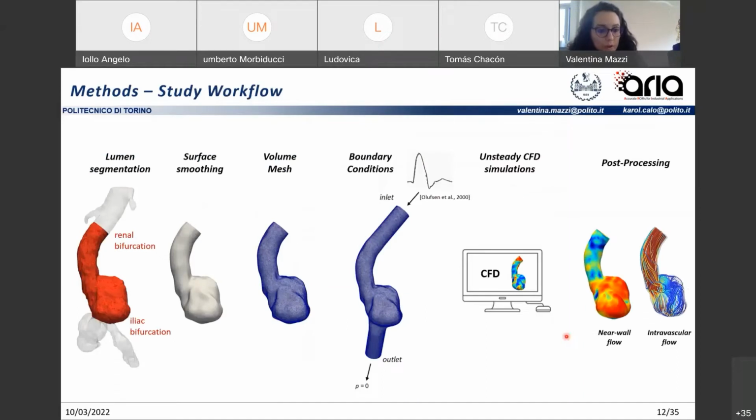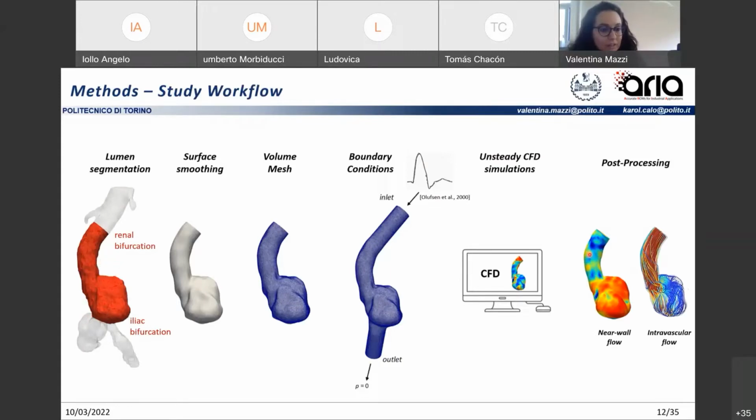This workflow shows the main steps that we performed in our study. First of all, the first step is the lumen segmentation from CT scans. In particular, the segmentation was performed automatically by Florian's group at Nuria.